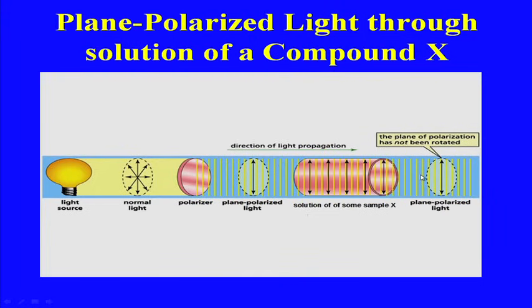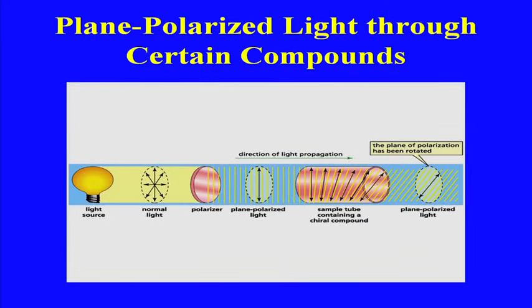So, people started doing all sorts of experiments using different types of molecules, and what they found is that there are some molecules which rotate this plane of polarization either clockwise or in anti-clockwise fashion, and there are some molecules which do not.